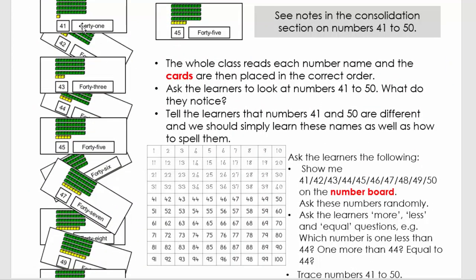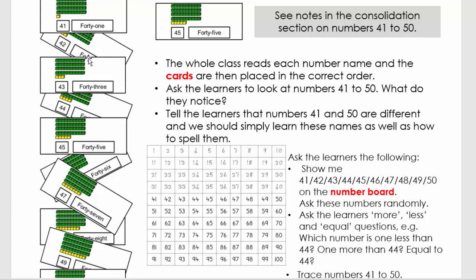Okay, let's go to the cards. You can make these, you can draw these, or you can keep it practical. We're going to read out these numbers loud. Then we all need to look at 41 to 50, and ask what do you notice?